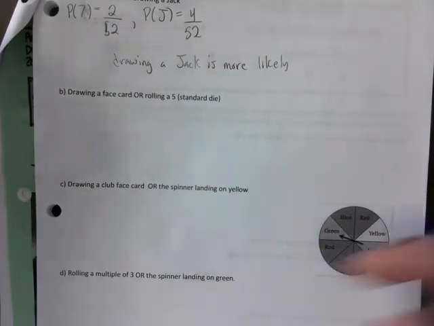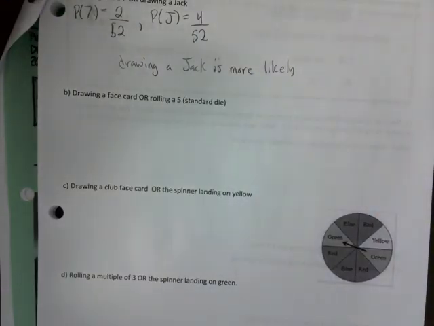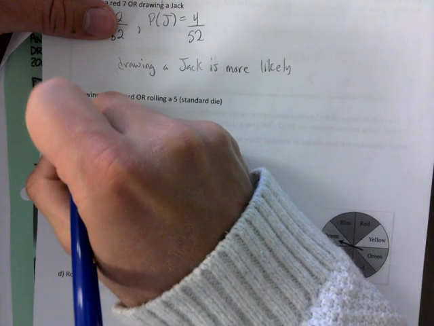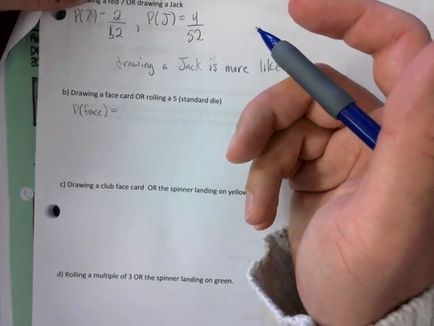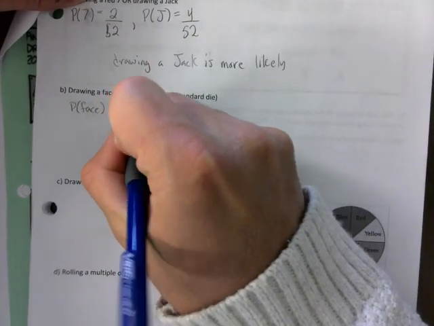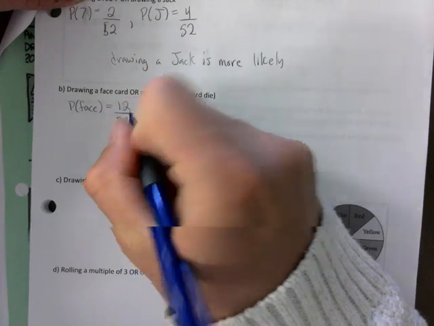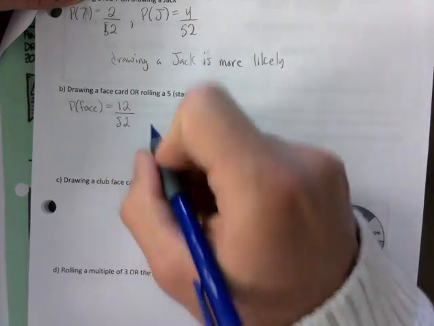For this one, we're looking at either drawing a face card or rolling a 5, so we have two different scenarios. For a face card, there are 12 face cards in a deck of cards, so our numerator would be 12 and our denominator would be 52 because there are 52 total.